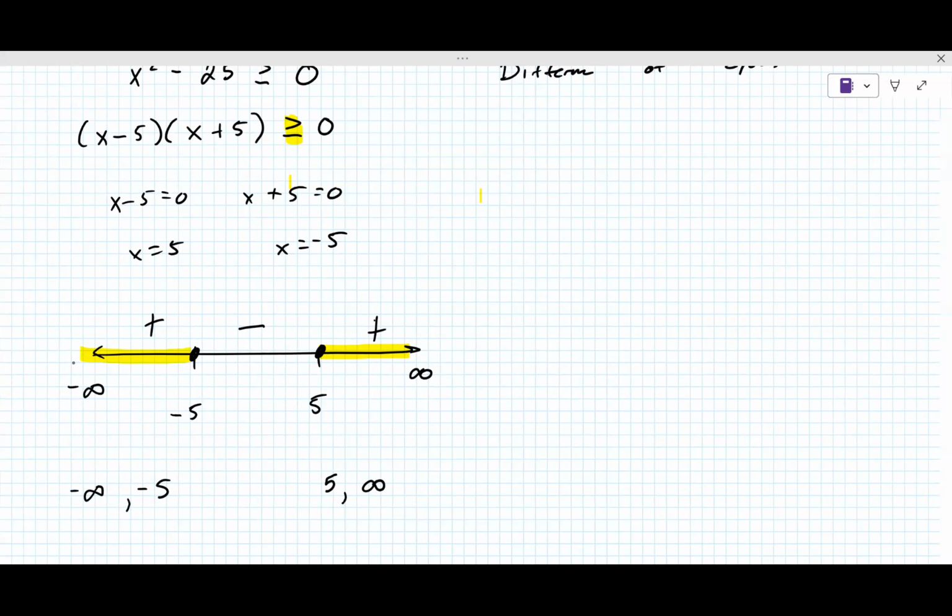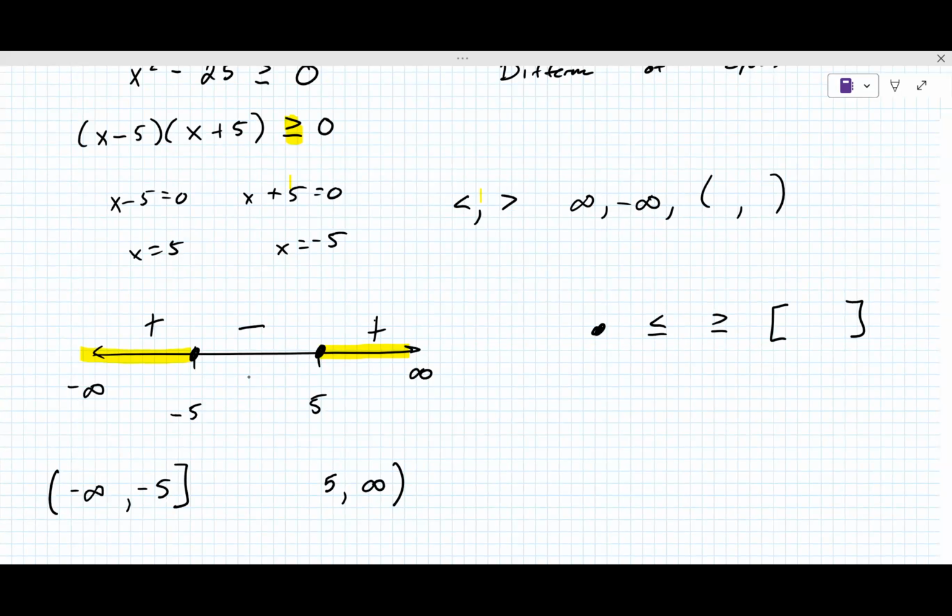Now, for the infinities, they always get paired with parentheses. With the numbers, it depends on whether it's a filled in circle or not. So the filled in circle goes with the brackets. Got it. So this would be bracket, bracket.